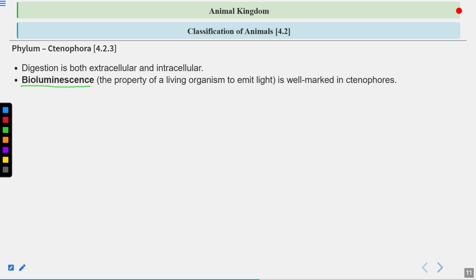Bioluminescence, the property of living organisms to emit light, is well marked in ctenophores. This is a very unique feature. Jellyfish also show this phenomenon, bioluminescence, right? They emit light, and in the darkness, in the water, at night, you can see this organism.